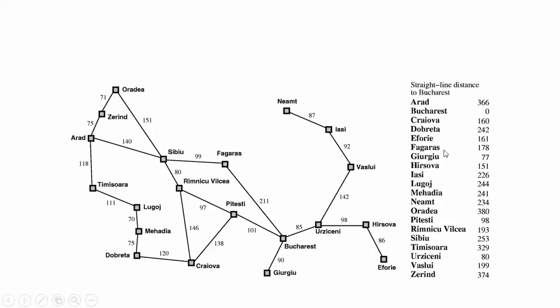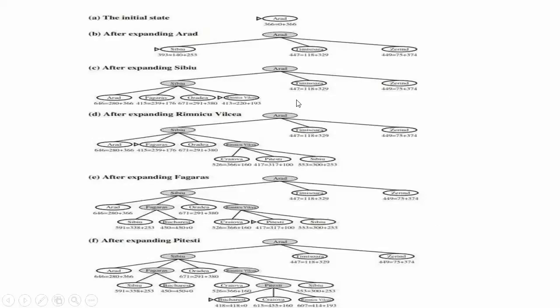Remember, when calculating node distances in greedy search, you consider only the straight line distance value. But for the A star search algorithm, you consider both the straight line distance and the actual path cost. Let us see how it is calculated.